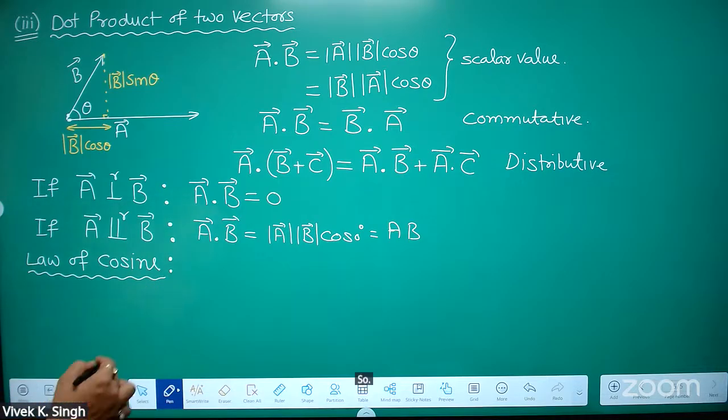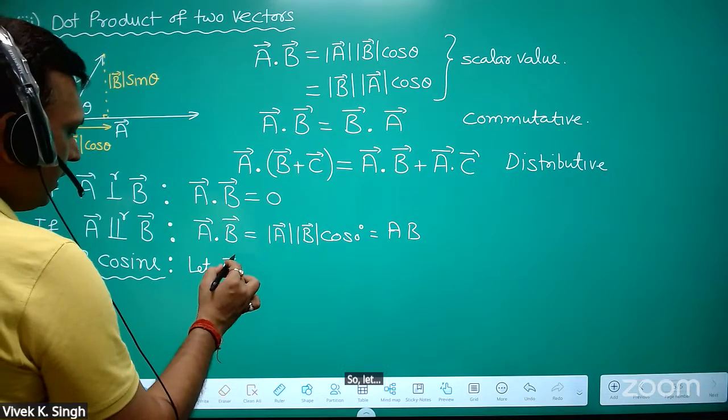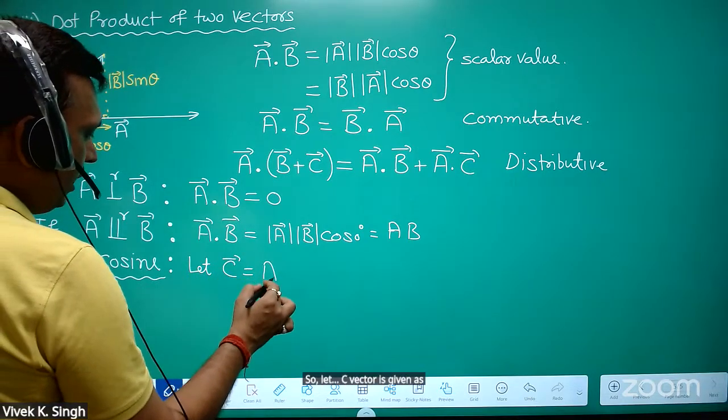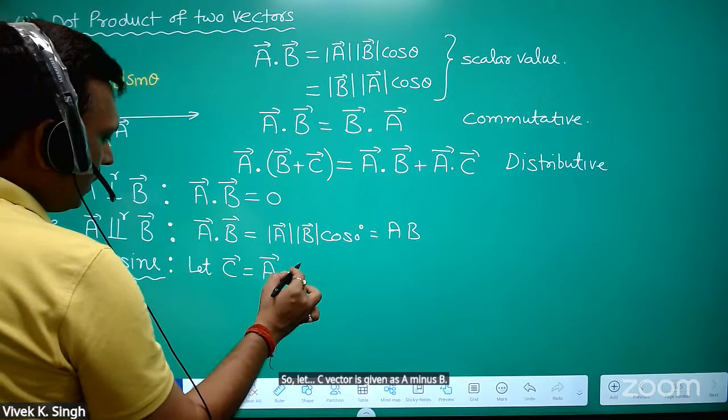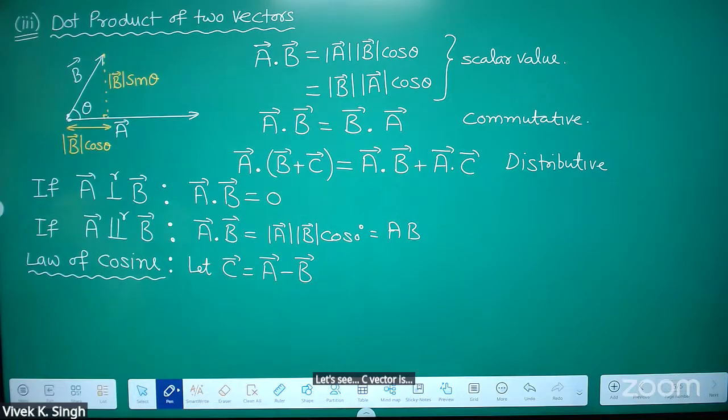Let C vector be given as A minus B. So this is vector B, this is vector A, and this angle is theta.